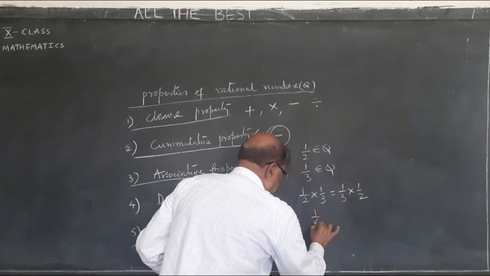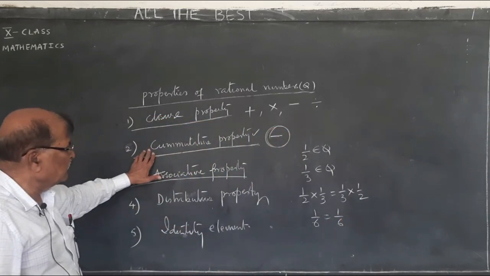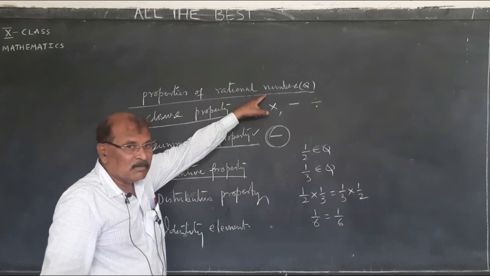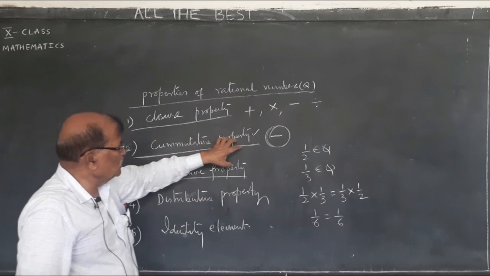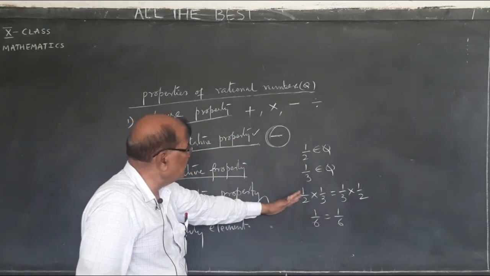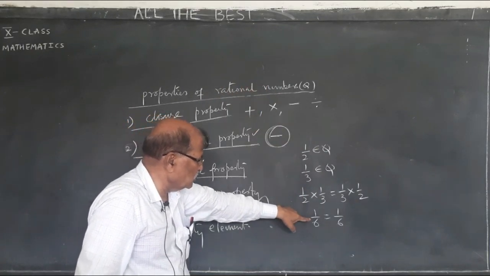So this is 1/6 is equal to 1/6. So the commutative property holds good in the set of rational numbers. What is the operation? In multiplication, the commutative property of rational numbers holds good.